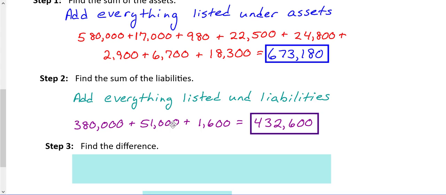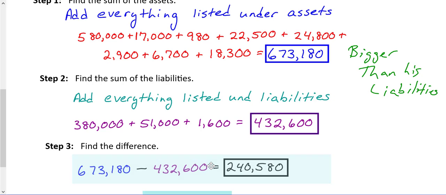So right now, it's looking good. His assets are bigger than his liabilities. So that's a good thing. That means he has more money than he's spending out.